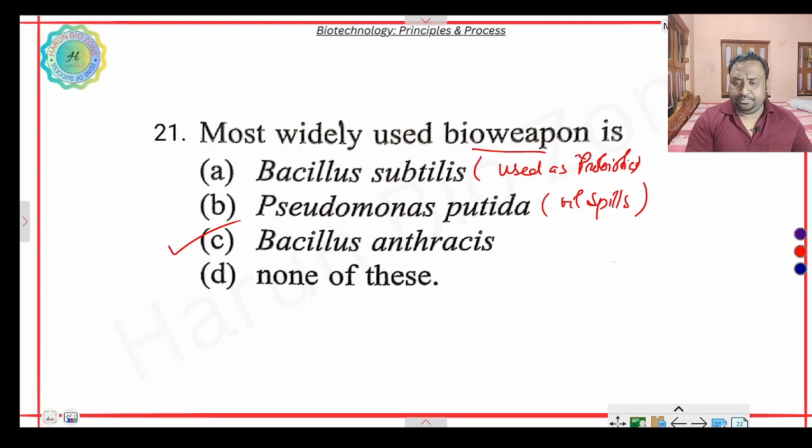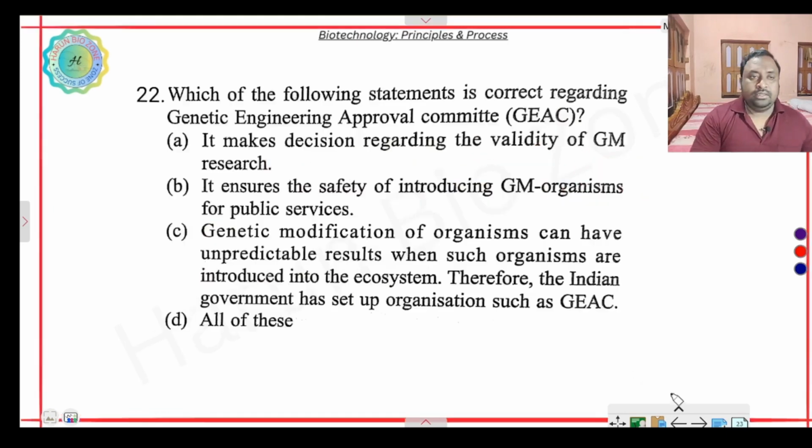Then next question is, which of the following statements is correct regarding the Genetic Engineering Approval Committee? What is the function of the Genetic Engineering Approval Committee? It makes decisions regarding the validity of GM crops. The GM crop is valid or invalid, whether it is helpful or harmful to human beings.